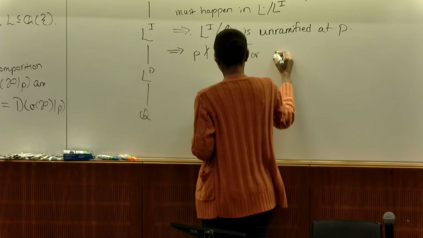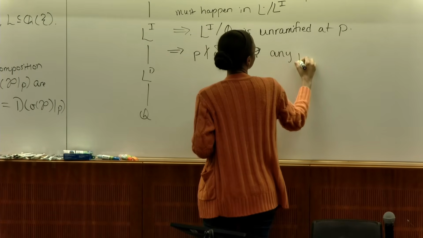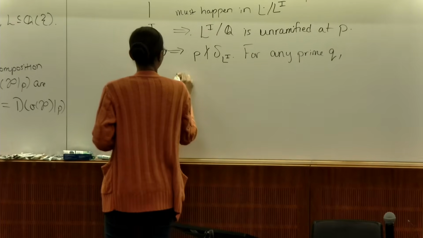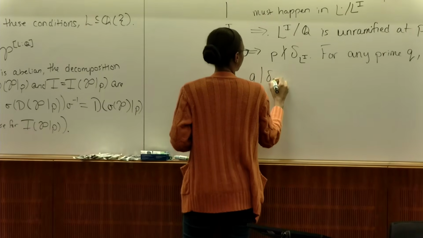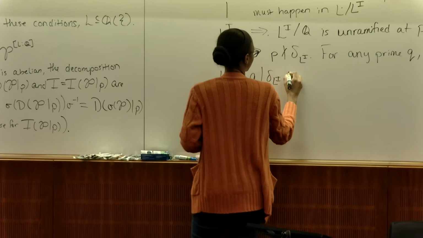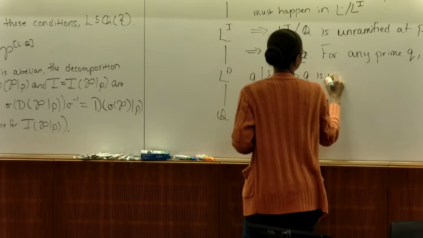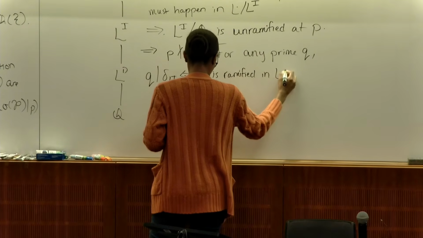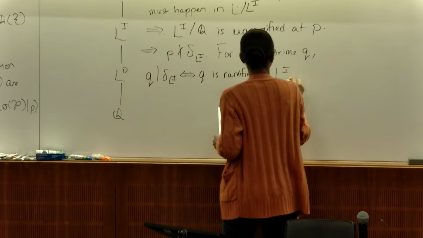And for any other prime, Q will divide the discriminant of Li if and only if Q is ramified in Li.